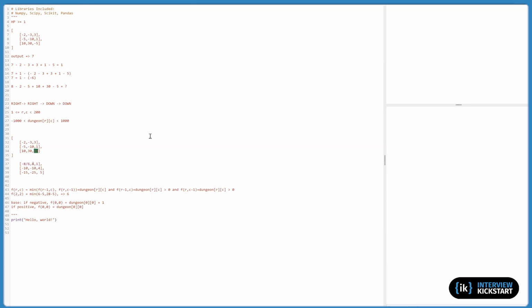Now we'll look at if these were, let's say, these were this. I would look at this path or this path. That's a positive number.